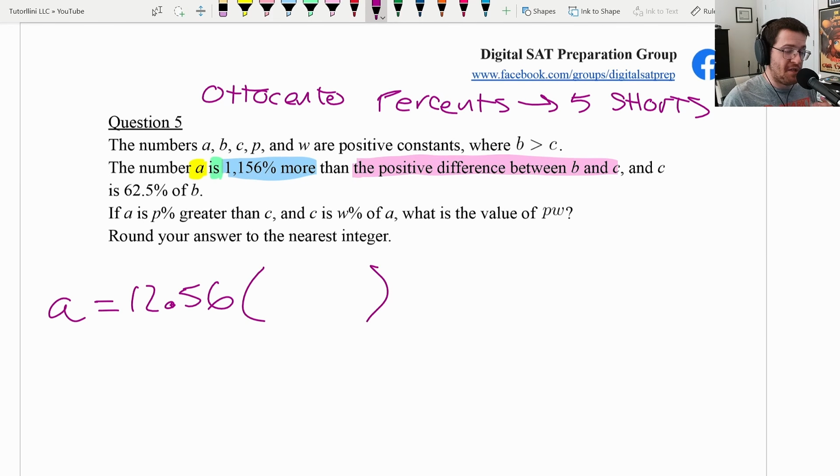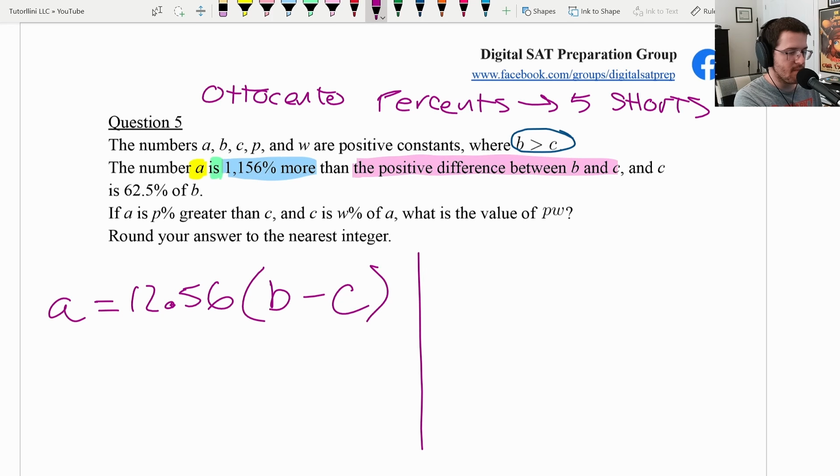And the question is, in the parentheses, do I put B minus C or do I put C minus B? Well, you'll notice at the beginning, they tell you B is bigger. So for a positive difference, we should put the bigger one first. Think about it. 10 minus 2, that's 8. But 2 minus 10, that's negative 8. So pretend the B is the 10. So we're going to put the B first, B minus C.